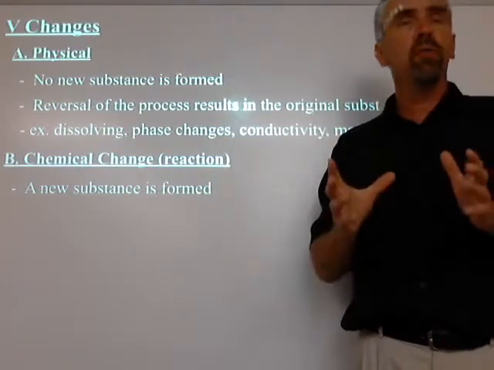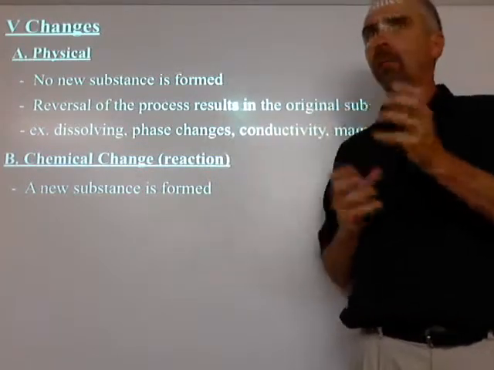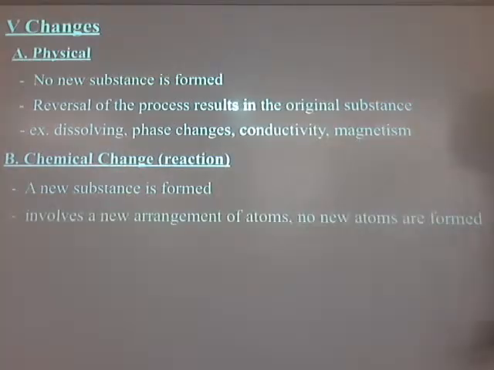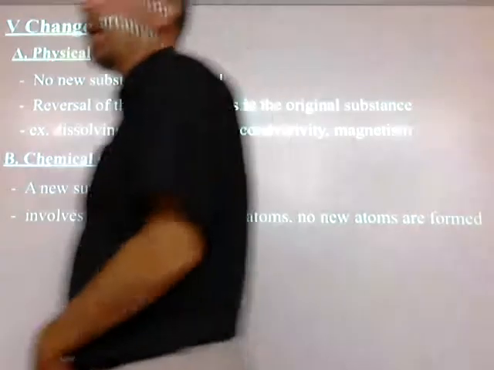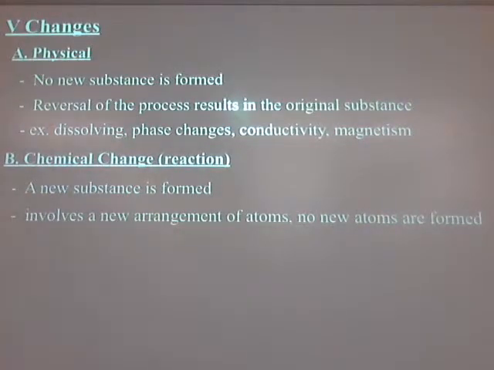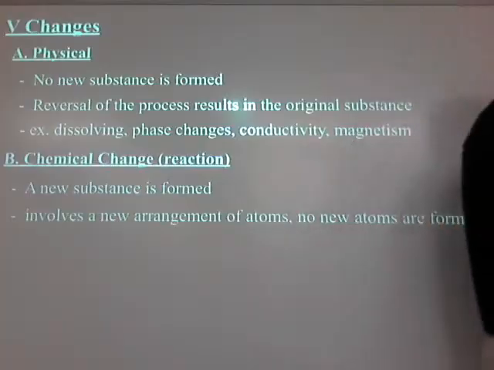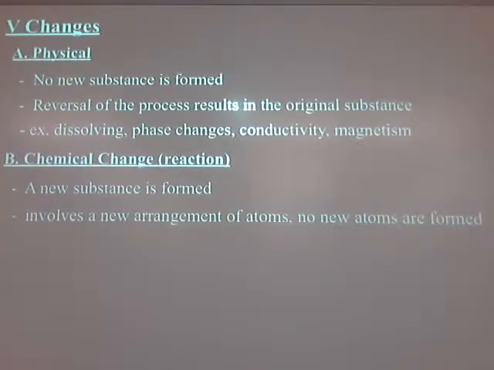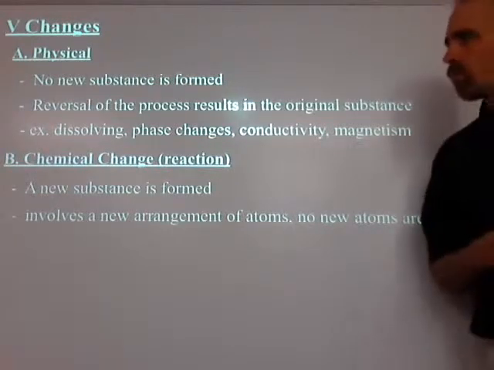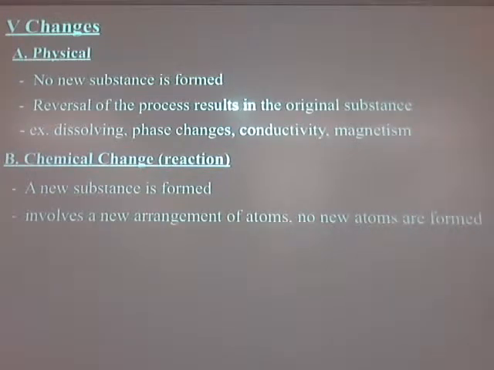So what you do is you rearrange the atoms you had, okay? A new arrangement of atoms happens when you have a chemical change. And I'm going to illustrate that with the equations I'm going to show you as I do each of the demos. For every demonstration I do, for every chemical reaction I do for you, you're going to see me write an equation for it.